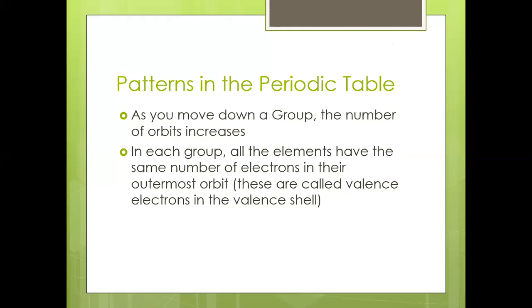The electrons that are in this outermost orbit are called the valence electrons, and valence electrons are super important. Valence electrons are probably the most important part of an atom in terms of bonding and stuff like that and how molecules form. So make sure you know what a valence electron is. That'll become very important.